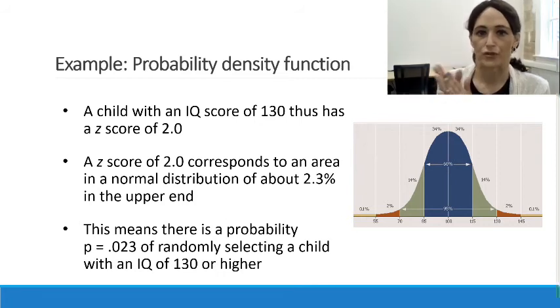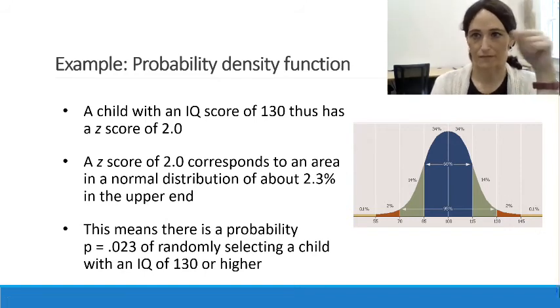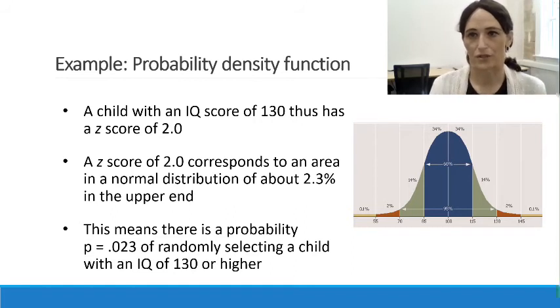A z-score of 2.0 on a normal distribution curve here corresponds to an area of about 2.3% of this distribution. Given that mean and standard deviation, that's all we need to plot this distribution curve, again assuming a normal distribution.